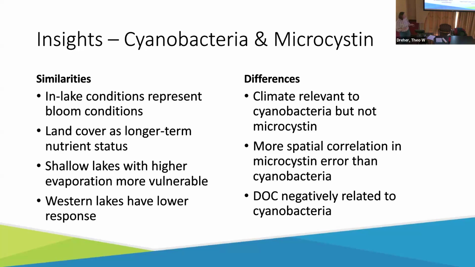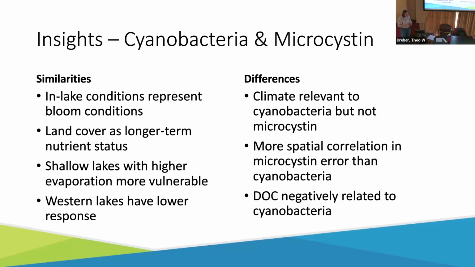Some of the differences are that the climate was relevant to cyanobacteria, but not so much to microcystin, which is interesting. There was also a lot more spatial correlation in the microcystin model than there was in the cyanobacteria model. I don't know how much I trust that result, but that's what it's saying so far.